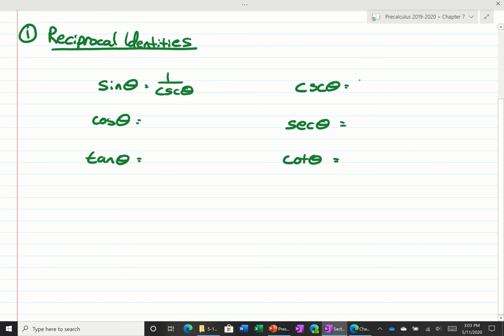Or you guys know at this point that cosecant's 1 over sine. You also know that secant's 1 over cosine, and that cotangent is 1 over the tangent. So cosine would be 1 over secant, and tangent would be 1 over the cotangent of theta.